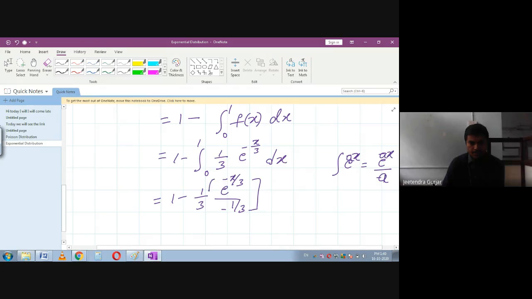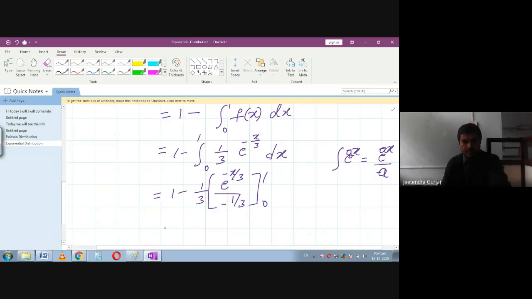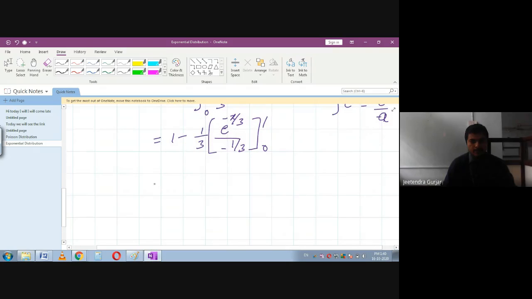Now this integration is between 0 and 1. So what will be the next value? Just simplify with the 0 and 1 limits. This gives 1 minus the integration of this value. See, this 1 upon 3 and this 1 upon 3 will get cancelled. Minus into minus will become plus.